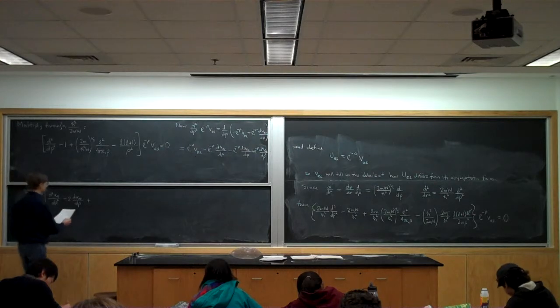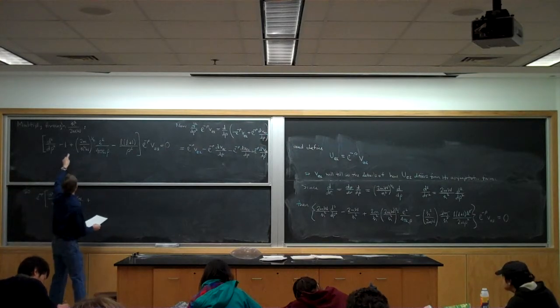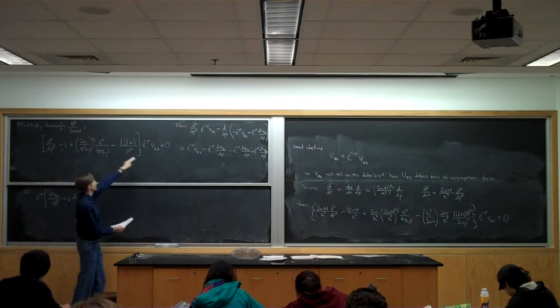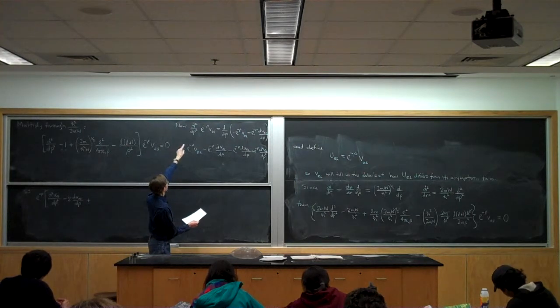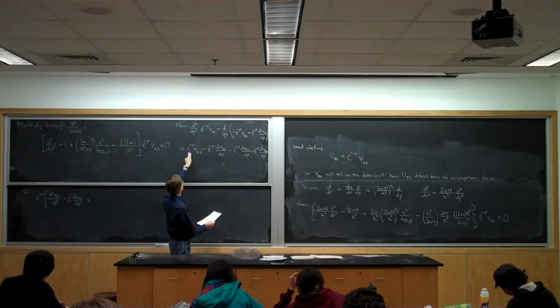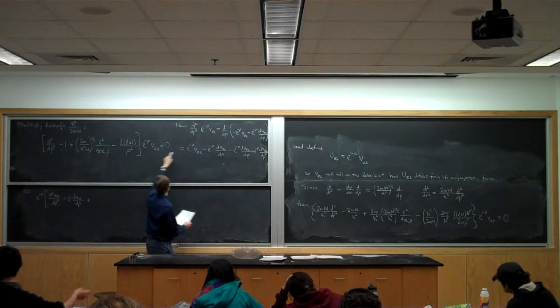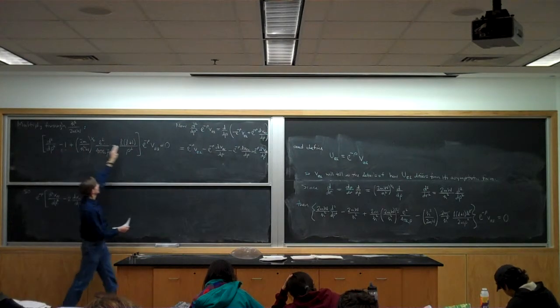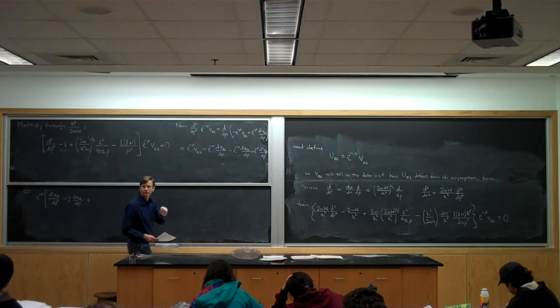Plus, notice here we have a minus 1 e to the minus rho V_EL, and the second derivative with respect to rho squared pulled in an e to the minus rho V_EL. So those terms cancel each other.